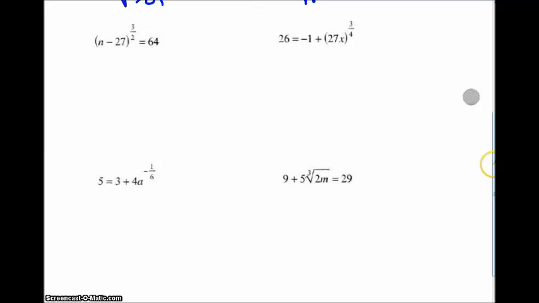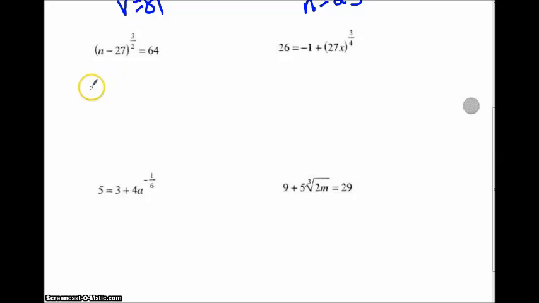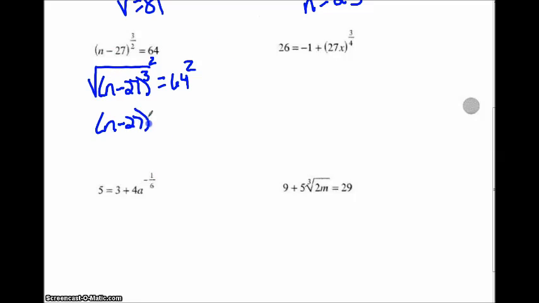All right, now we have parentheses. So it is the square root of n minus 27 to the 3rd is equal to 64. So you're going to square it. And so when you square this, it gives you n minus 27 to the 3rd is equal to 64 squared, which is 4096.